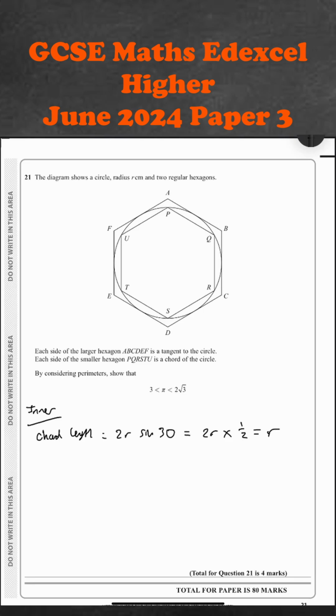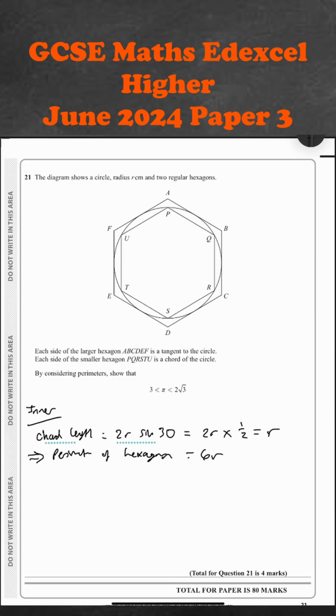So you have to think of this whole question in terms of the circle. Well, that's the way I need to see it anyway to understand hexagons flying about all over the place. Therefore, the perimeter of the hexagon is just going to be 6 lots of the radius, as it's 6 sides.